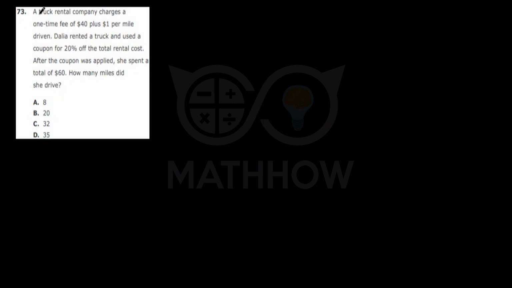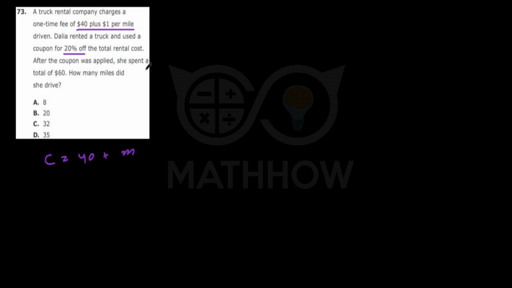Question number 73. A truck rental company charges a one-time fee of $40 plus $1 per mile. The total cost will be $40 fixed charges plus $1 per mile. Suppose each mile driven is represented by m, and when 1 is multiplied with any number, the result is that number. So this is the cost. Dahlia rented a truck and used a coupon for 20% off the total rental cost.